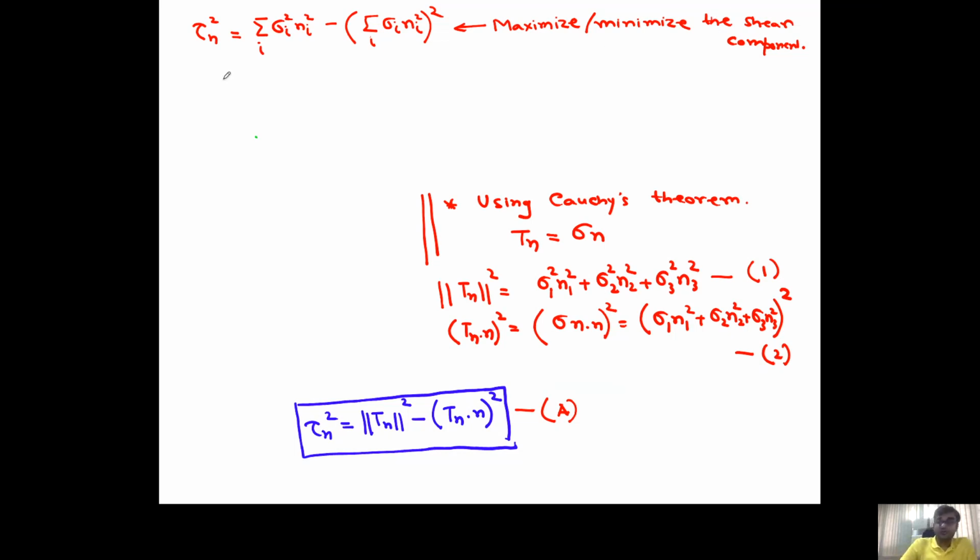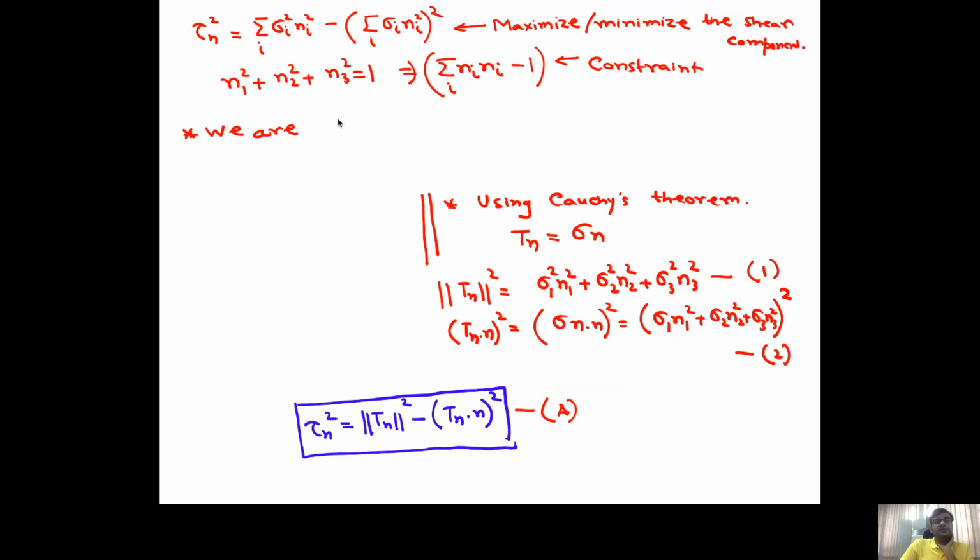So we have the property of direction cosines as well, which is n1 square plus n2 square plus n3 square is equal to 1. If you write it as before, it will be summation of ni square minus 1, sum over i, right? So now this is your constraint. So we have an objective function that we want to maximize, and we have a constraint also. So basically we are solving a constraint optimization problem.